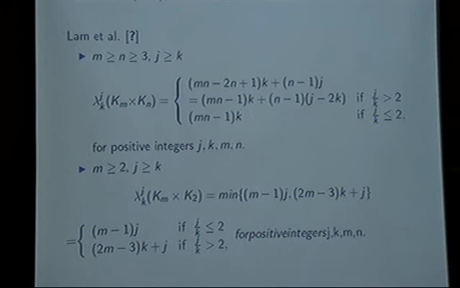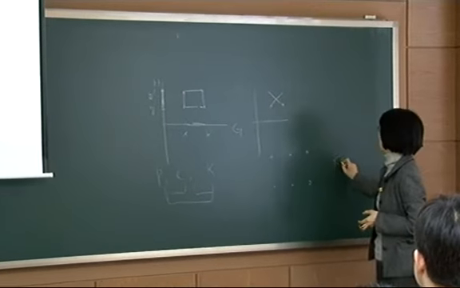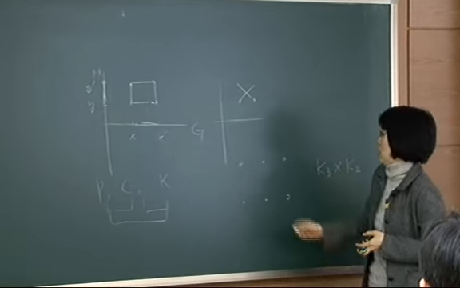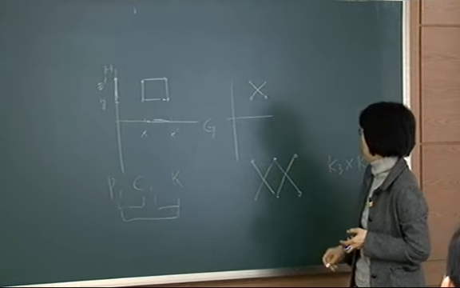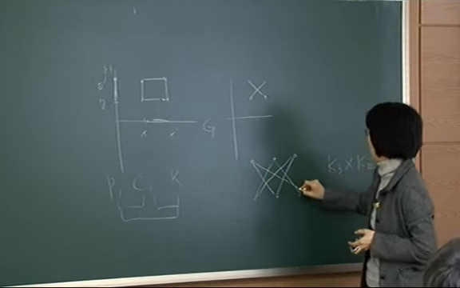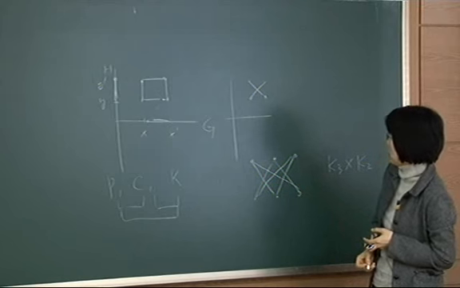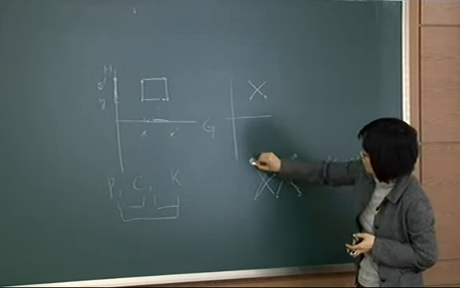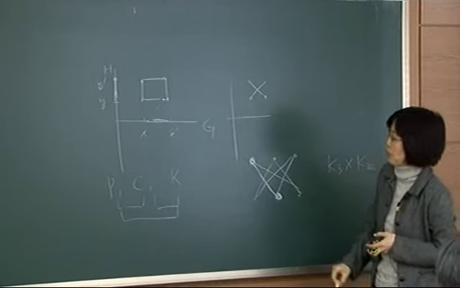I'm sorry, let me talk about one more thing. When you have a direct product of complete graphs, say you have K3 times K2, then, anything missing? If two vertices have both coordinates different, then they are adjacent.